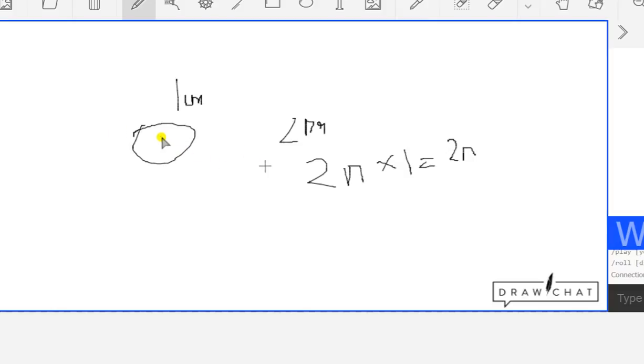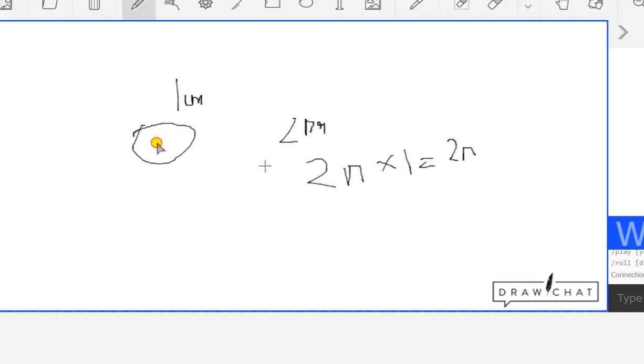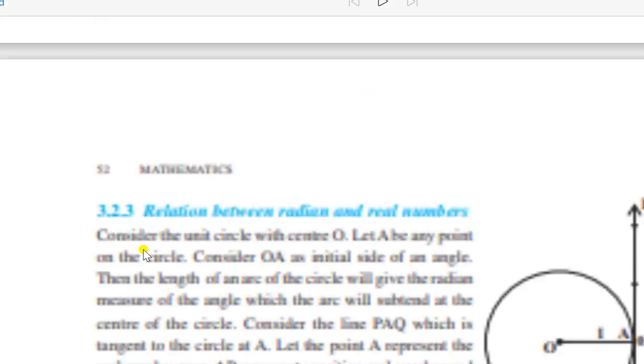Even if the radius is 2 centimeters and the arc length is 2 centimeters, it'll still be like this. 2 by 2 equals 1 rad. Basically, it's that much. So we've understood radian.